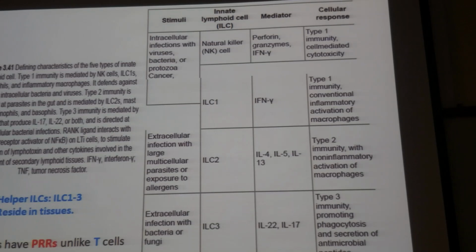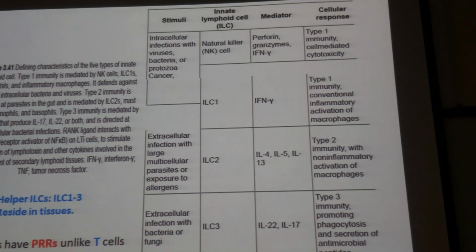Okay? Interferon gamma is a type 2 interferon. And I would also tell you about many different roles that interferon gamma is going to play. So ILC1 would again, these are involved in type 1 immunity.